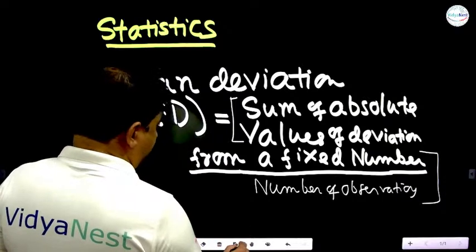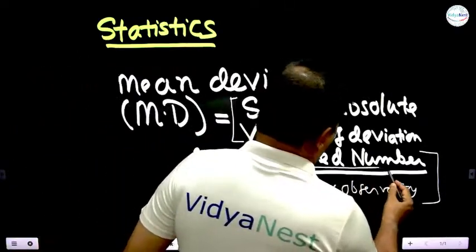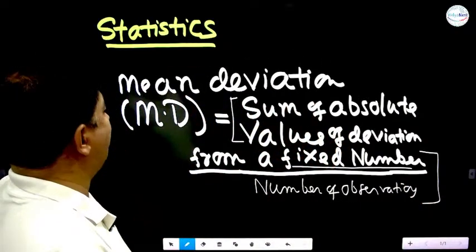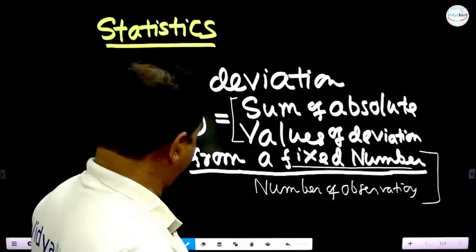Now, what is that fixed number? That fixed number can be mean or median. Okay, that means we will find the mean deviation about mean or median. Okay, sir.